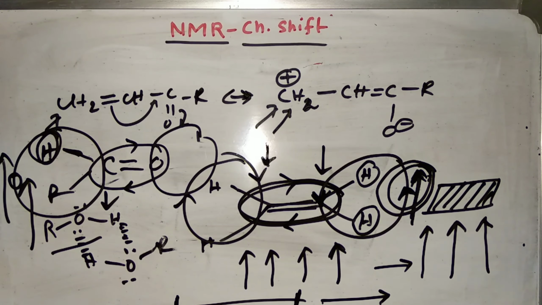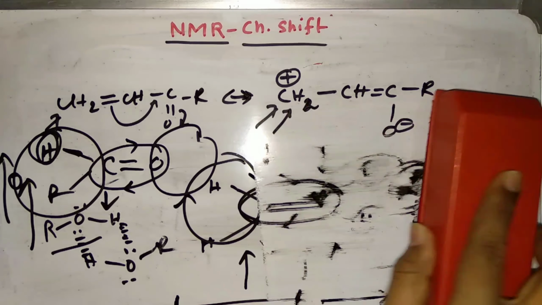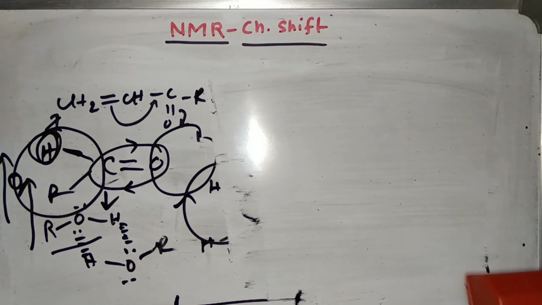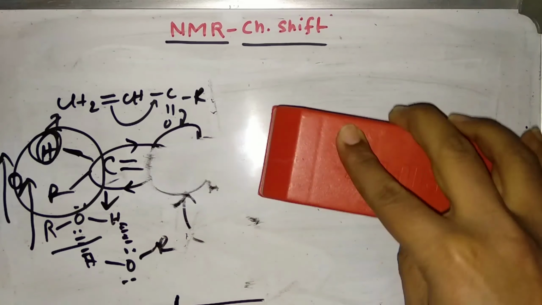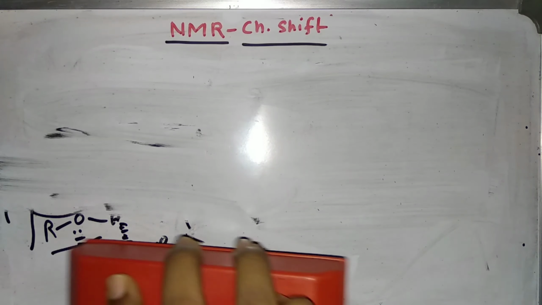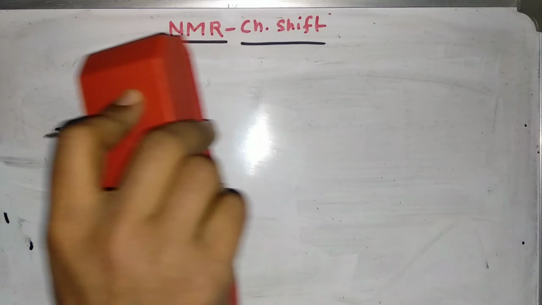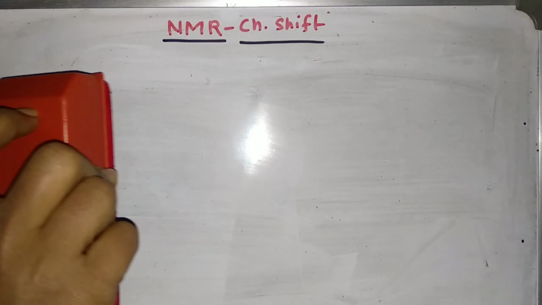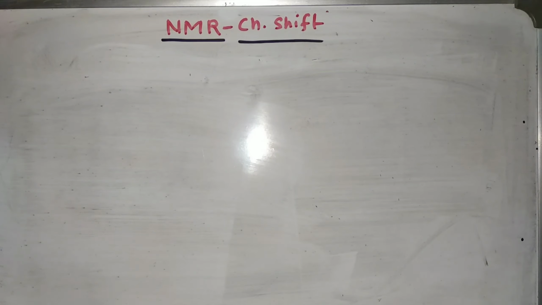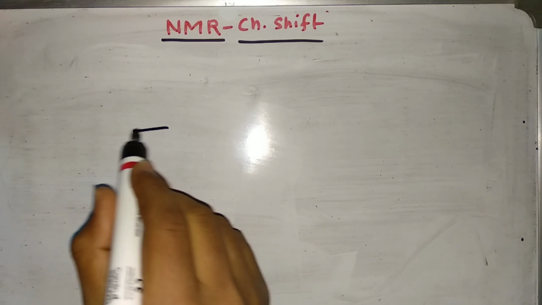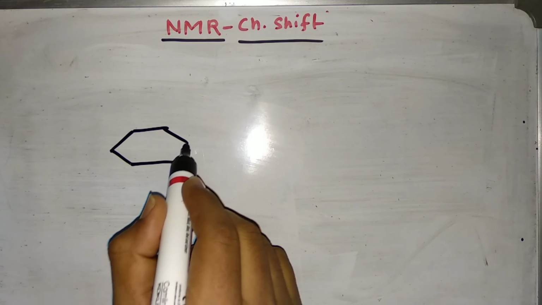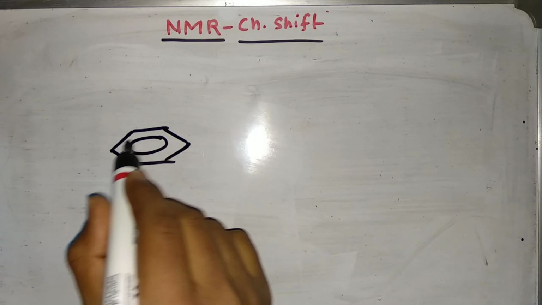Okay, so now coming to another compound, that is the aromatic compound. So how does the benzene ring affect the chemical shift? Benzene ring means a total ring system, and here resonance of pi bonds occurs, and that will provide the ring current. So ring current is quite easy, it's the circulation of this pi electron.